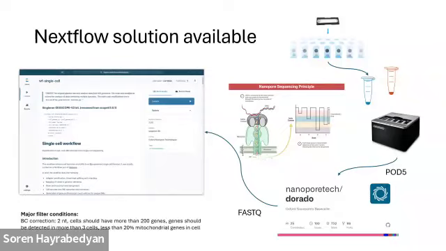My colleagues used 2 chips, one for the adherent and one for the stem cell line. We prepared libraries and we sequenced them on the GridION device with regular MinION flow cells. What you get is a POD5 file. This is the new file format that is produced by the long-read sequencer.